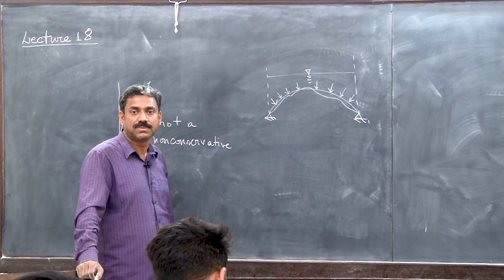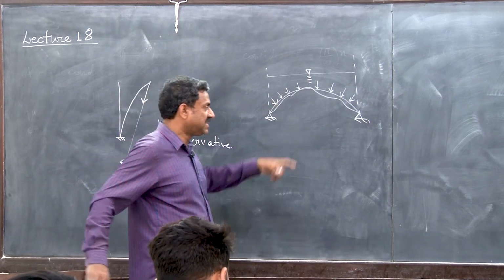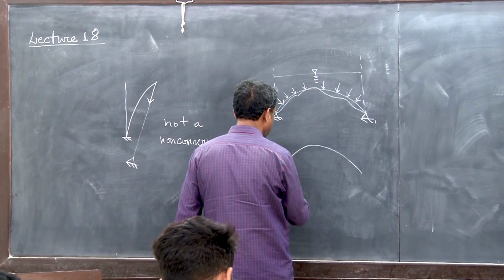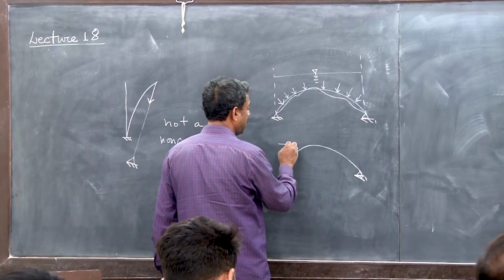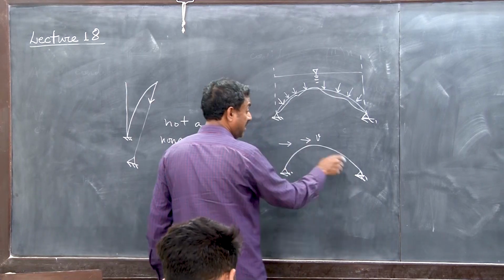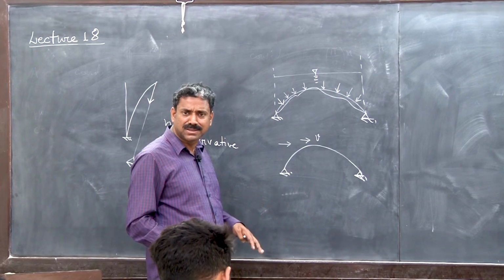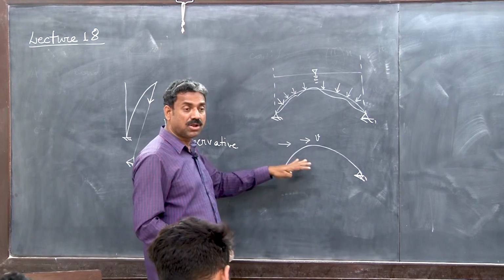That time it becomes non-conservative, but not for the pure hydrostatic case. So please distinguish this from the case with airflow. I will come to that later. This is a non-conservative example.